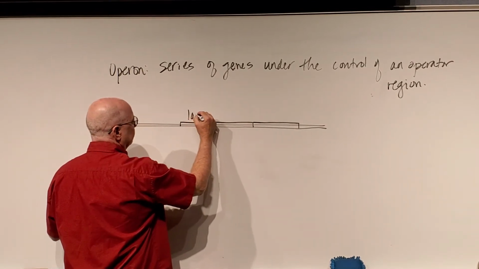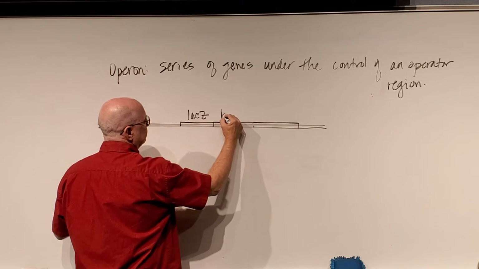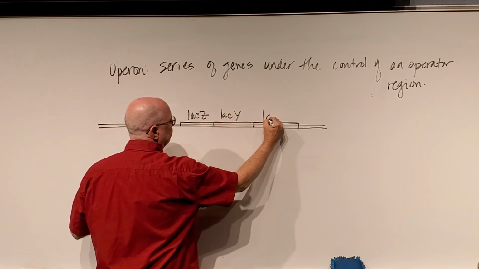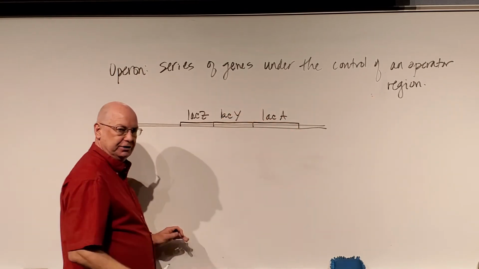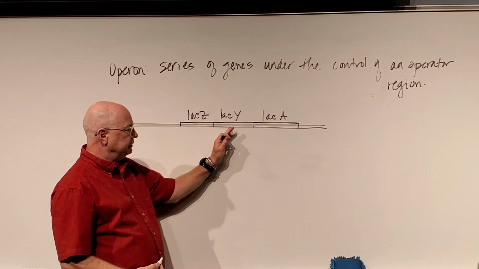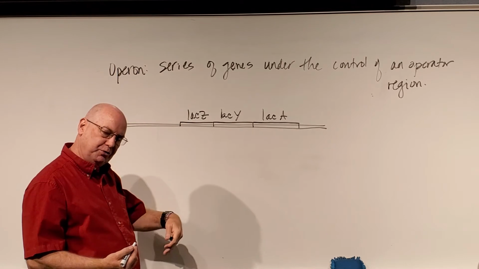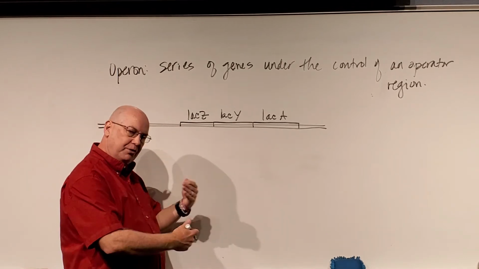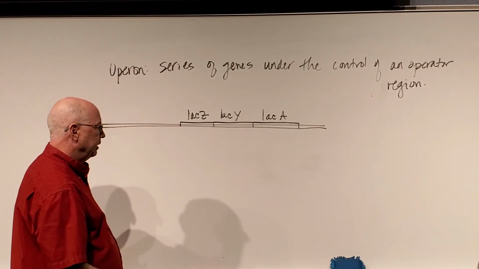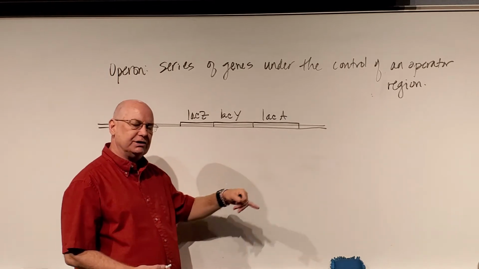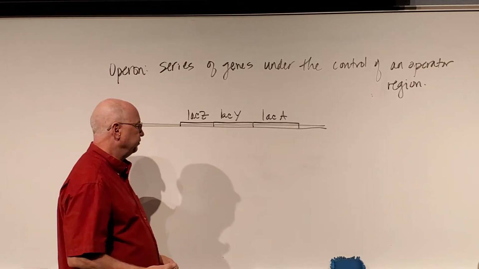And they are called the LAC-Z gene, the LAC-Y gene, and the LAC-A gene. And these 3 genes are necessary to make the proteins that get lactose transported into the cell and then get it broken down into energy. But I don't need these genes unless lactose is present.